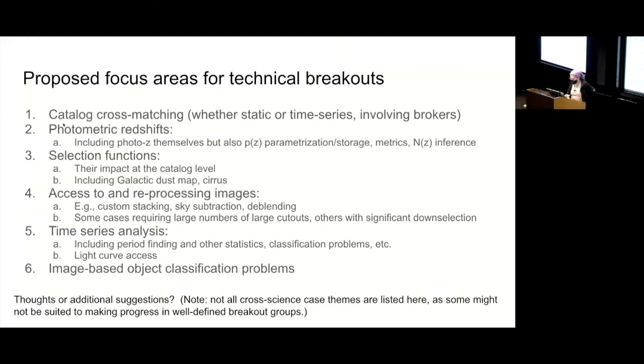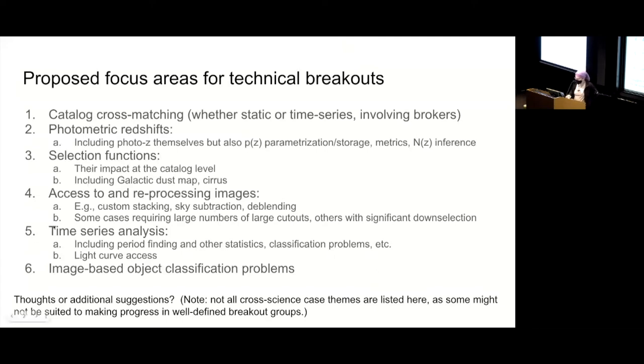There were 2 other things that you could think of as kind of catalog level things you might want to quantify: the photometric redshifts, including a variety of different aspects, and selection functions and how those will be quantified and described. Then there's access to and reprocessing images. So there were a few groups that mentioned wanting to do some kind of custom stacking or custom sky subtraction or deblending, either for the LSST images or for simulations or whatever.